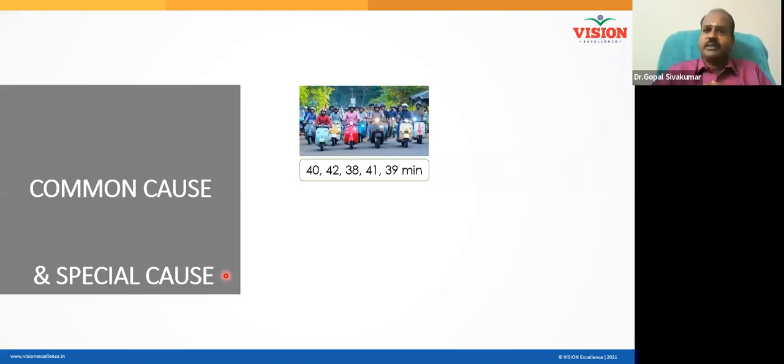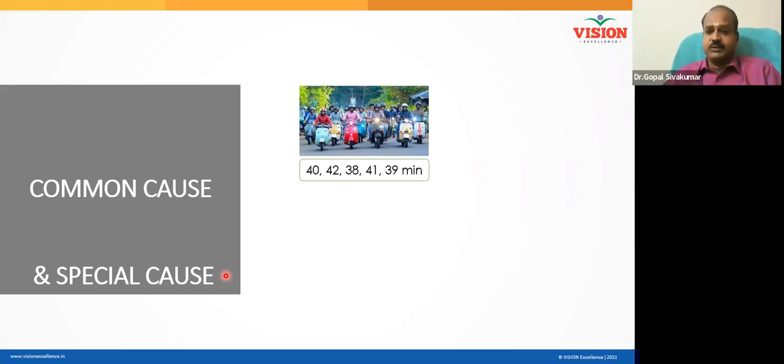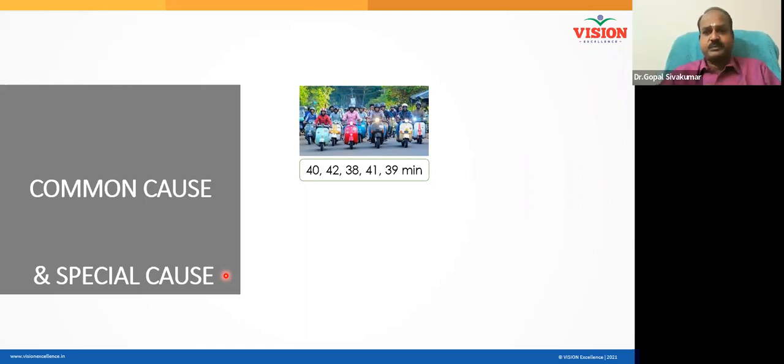Now tell me, is there a variation in my data? Yes, variation is there. You can see there is a variation, isn't it? 40, 42, 38, there is variation. My next question to you, is there a specific reason for the variation?